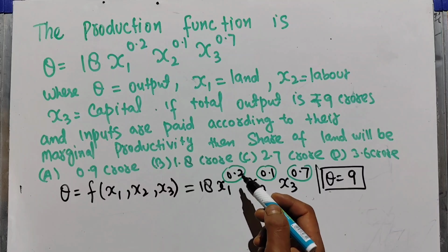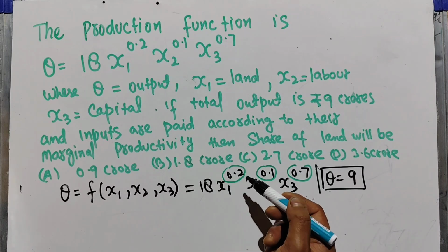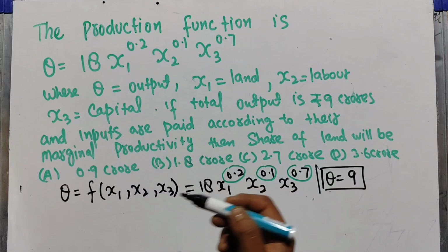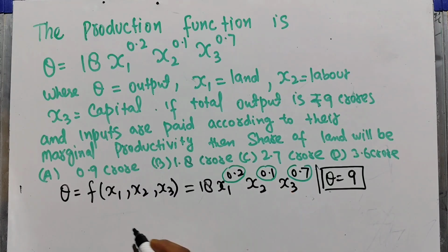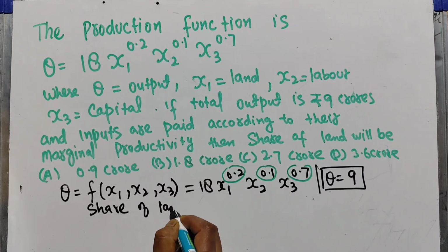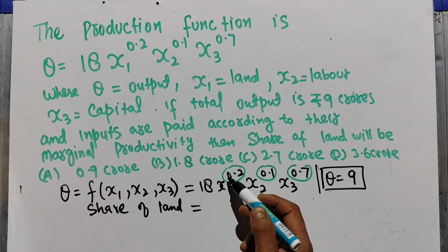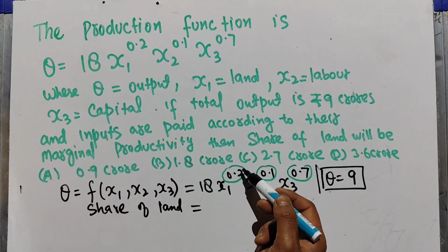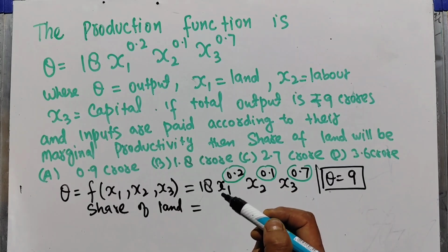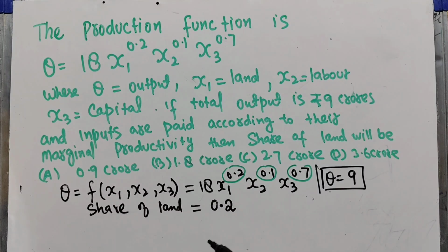We also say that these exponents show us the share of each input in the total production. That means the share of land will be equal to the output elasticity of input x1, which is 0.2.